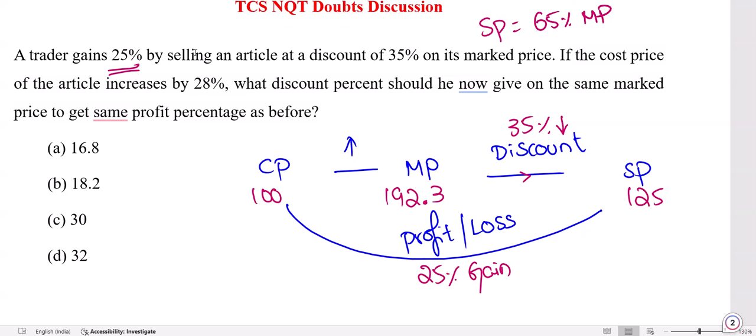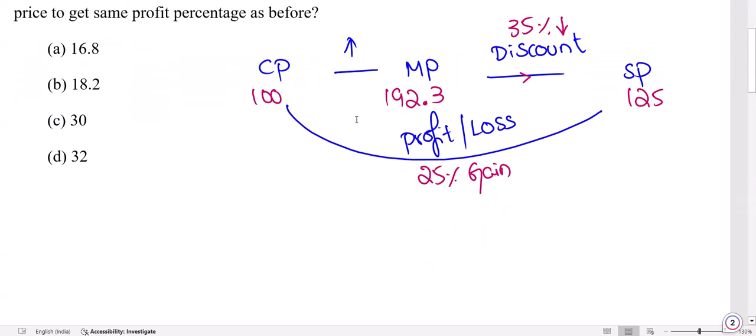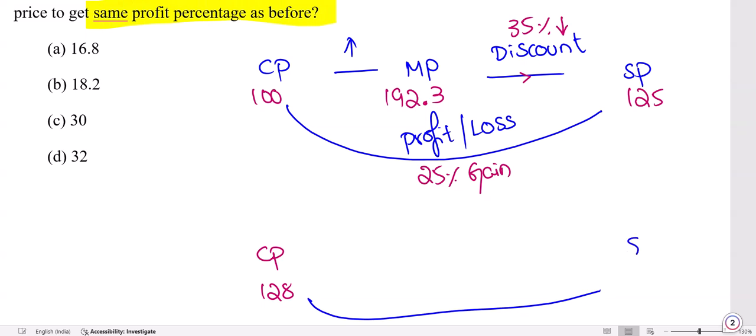Now, what is the new cost price? New cost price is 128. They want the same profit percentage as before. How much profit do you want? 25% only. 25% means one fourth of this, so 32 extra, so 160 is the selling price.